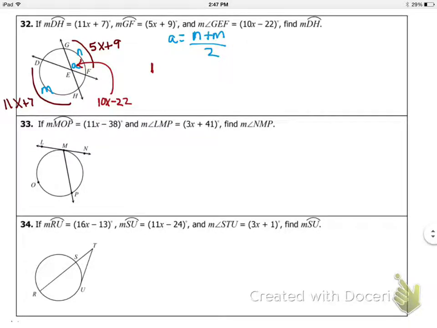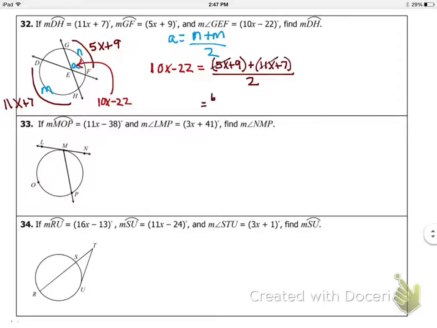We're going to average the outside two, so 5x plus 9 and 11x plus 7, divided by 2, and that should be equal to 10x minus 22.